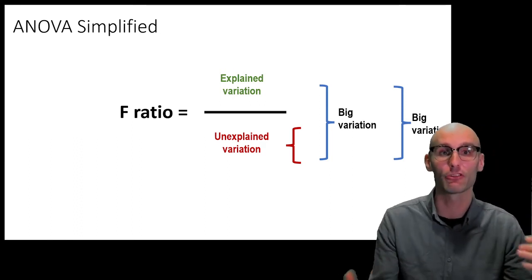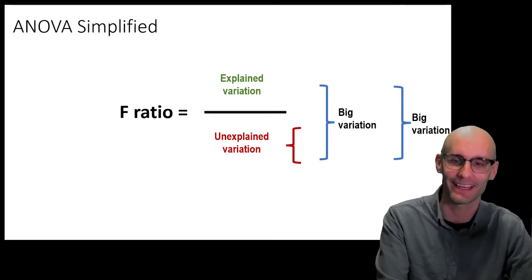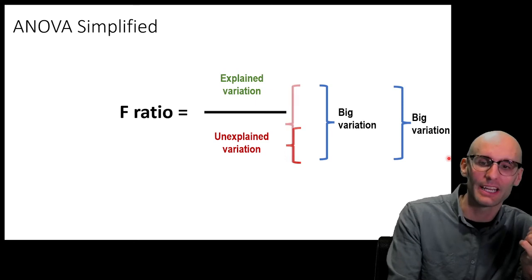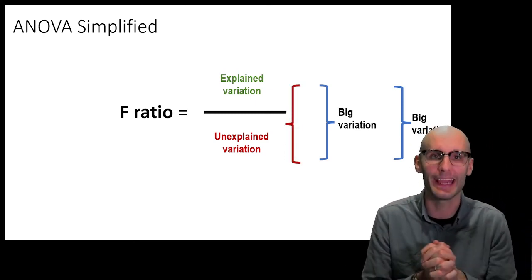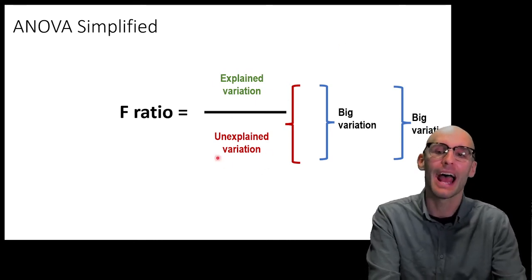When we broke the data up into our groups, it was as variable as when we grouped all the data together. So there's no explained variation. Unexplained variation is massive, right? Because it's that leftover variation once we've overlaid our explanatory model. So you can see here we've got a small numerator, a large denominator.